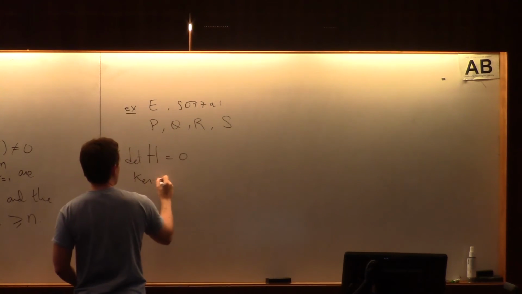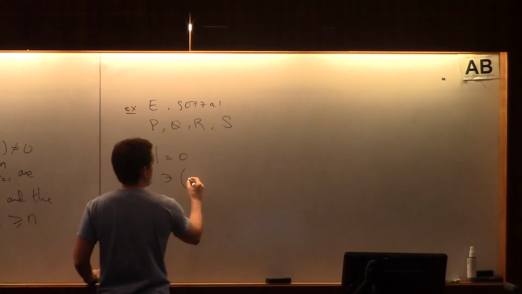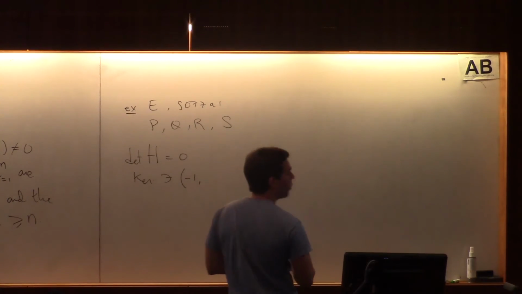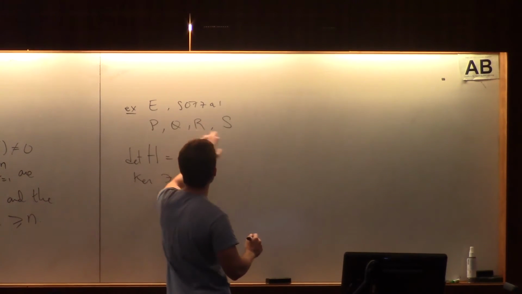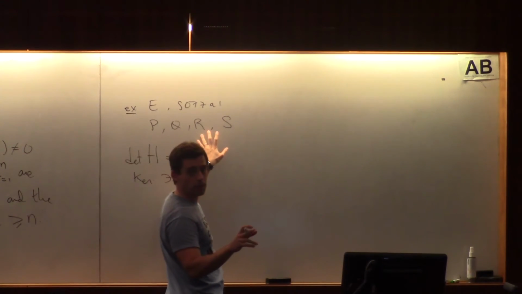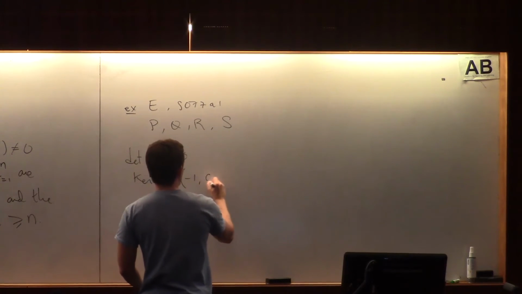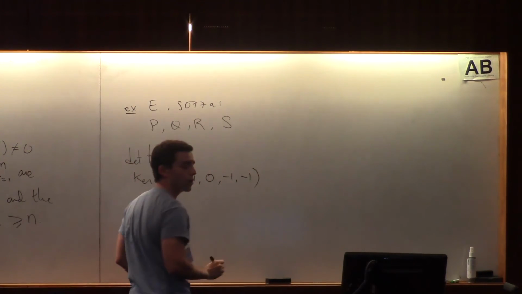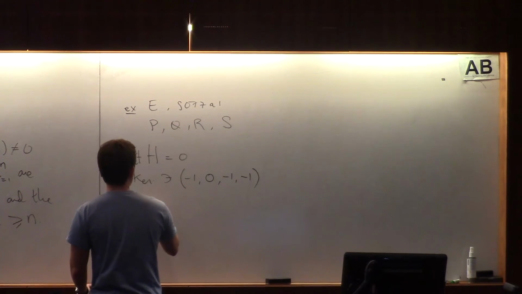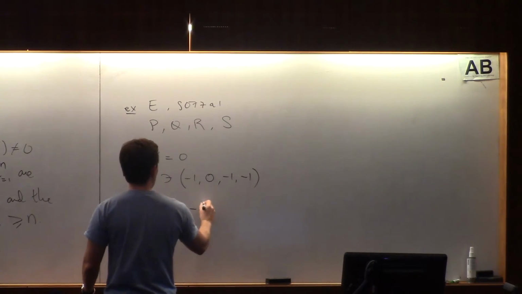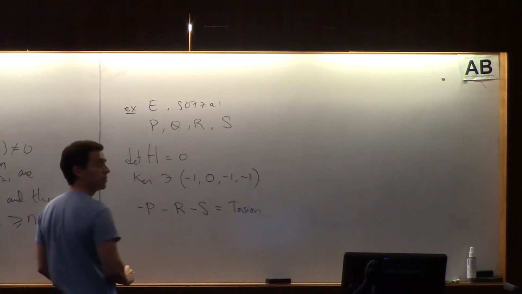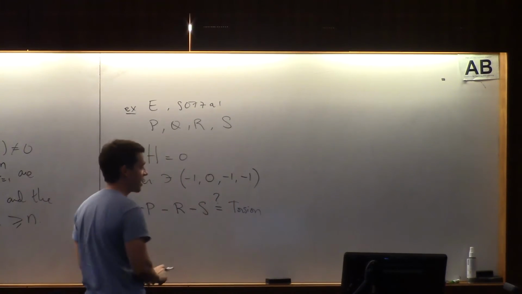The kernel seems to include minus 1, comma, minus 1, comma, sure. This P, Q, R and S, this P, Q, R, I think have changed with Magma, so we'll have to make sure what those are. But I think it's telling me that it is in the kernel, right? So what that says then is that minus P minus R minus S is torsion. Okay? This is what it suggests.